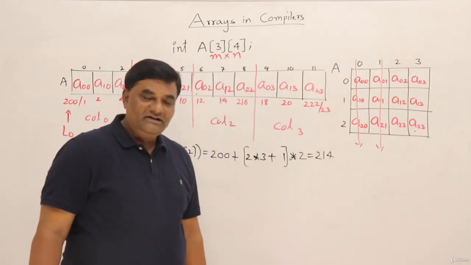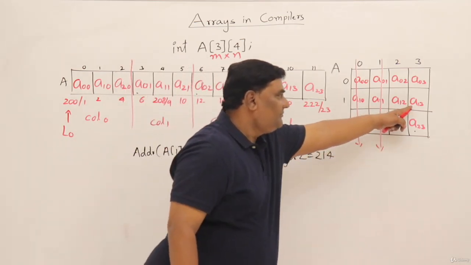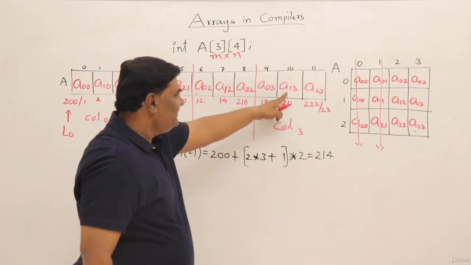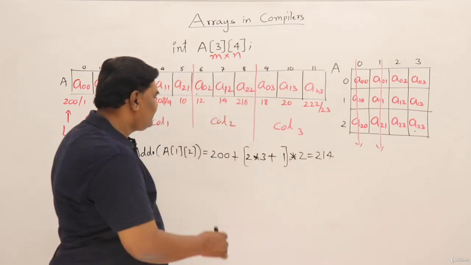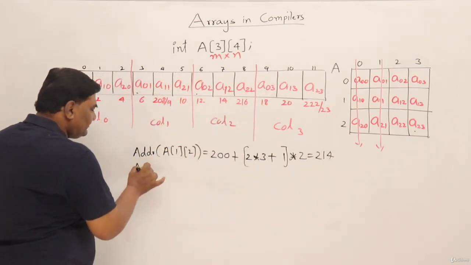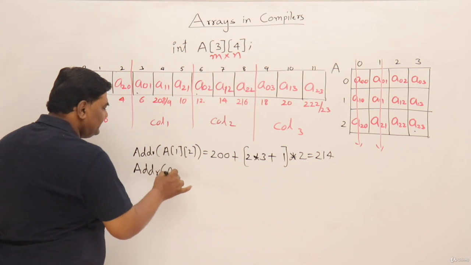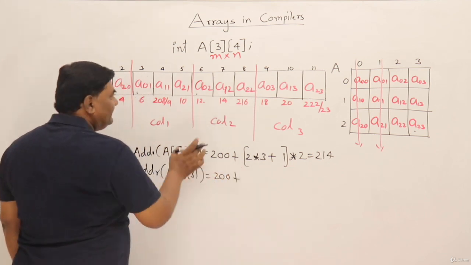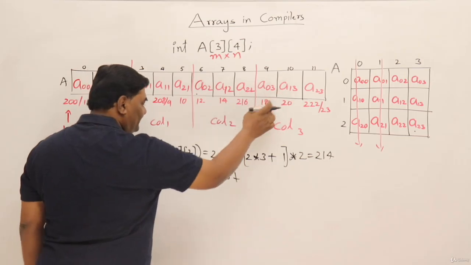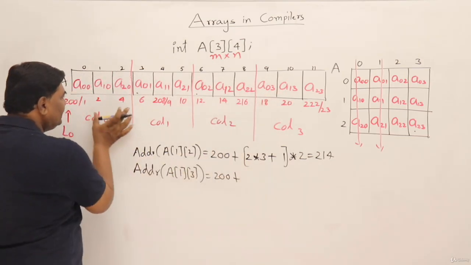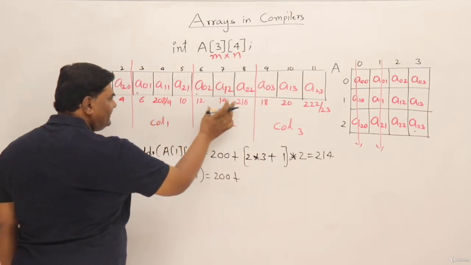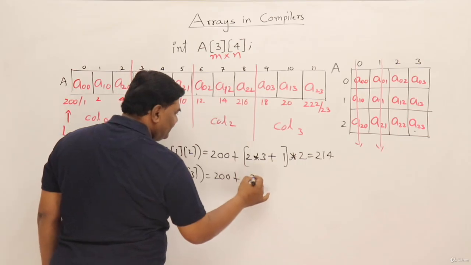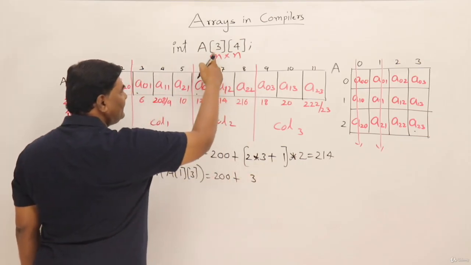Now let us take one more element, that is A of 1,3. 1,3 is here. So how do we get the address of that one? The address of A of 1,3 is 200 plus. Now I have to skip how many columns? I should go to the third column. So skip the 0th column, first column and second column. So I have to skip 3 columns, and in each column how many elements are there?